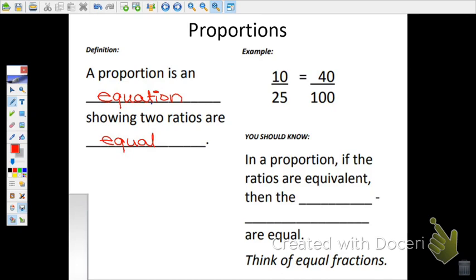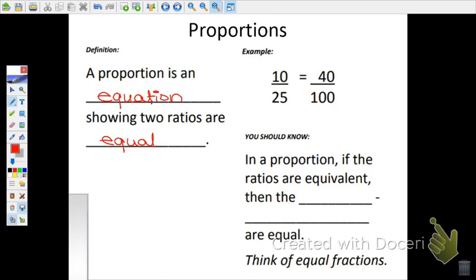If it's showing 2 ratios are equal, again, we said ratios are fractions. So in the example, 10 over 25 is equal to 40 over 100. Those are what we call equivalent fractions. Neither of them are in simplest form. They are equivalent. If we simplified both of them, they would simplify to that same fraction in lowest terms.